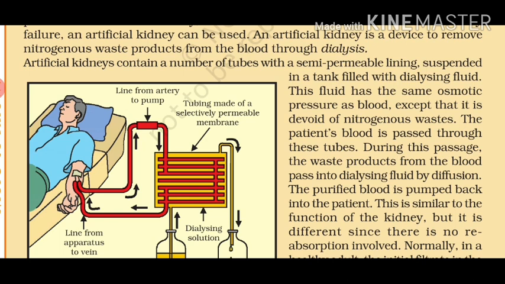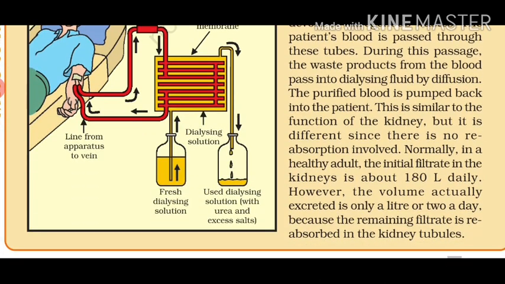During this passage, the waste products from the blood pass into dialysing fluid by diffusion. The purified blood is pumped back into the patient, and this is similar to the function of kidney, but it is different as there is no reabsorption involved.